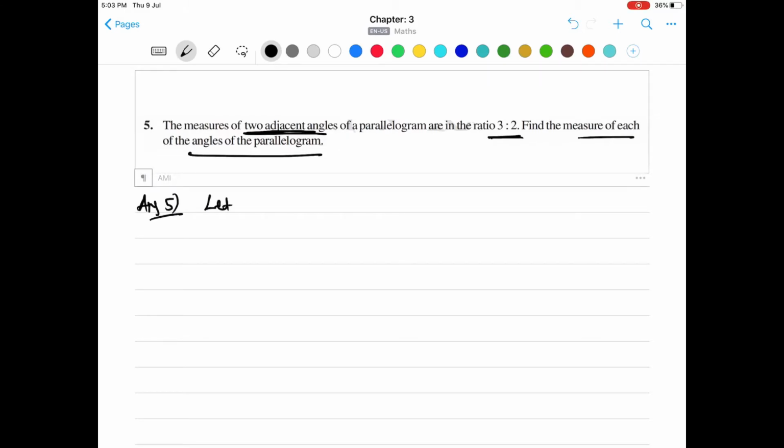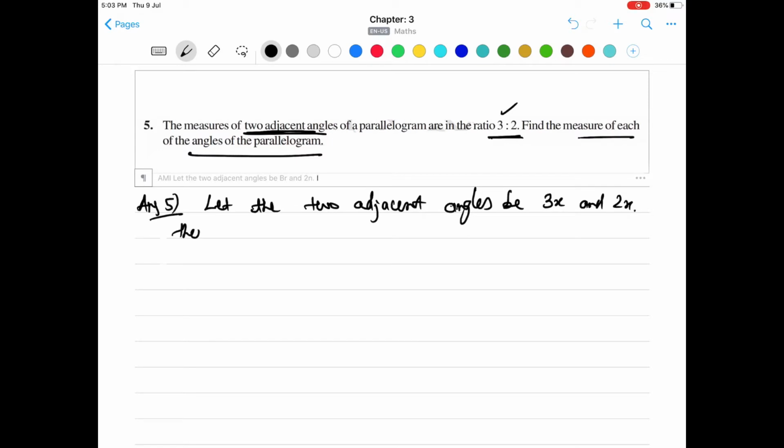Let the 2 adjacent angles be, so we assume those angles to be in the same ratio, that is 3x and 2x. Okay, and we know that in a parallelogram the adjacent angles are supplementary.